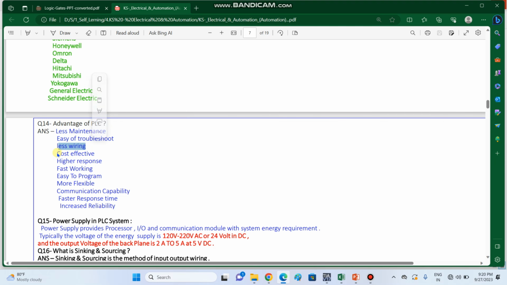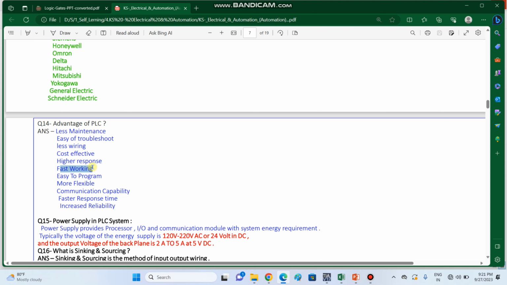Less wiring, because before PLCs, around 1950, we used very complex wiring with relays or contactors, when PLC had not yet been developed by General Motors. It is cost effective, because the cost of a PLC is very low. It is easy to troubleshoot because of less wiring, so we can easily find what type of fault is in that particular panel.